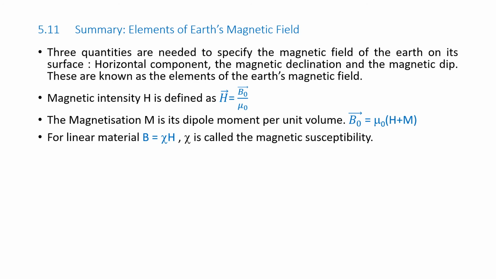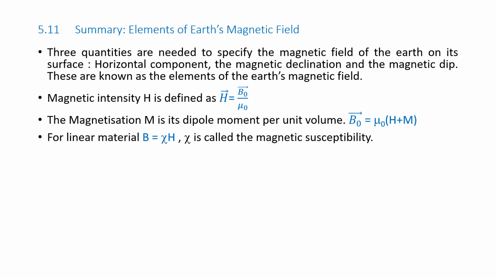For linear material, M is equal to Xi H. That is, Xi is called the magnetic susceptibility of the material. B is equal to mu H, and mu is equal to mu naught into mu R, and mu R is equal to 1 plus Xi.